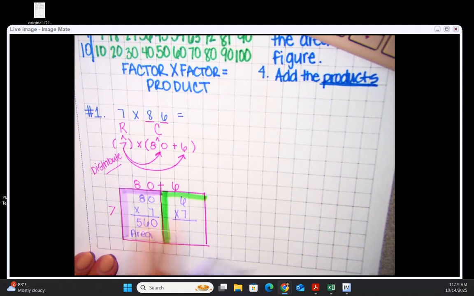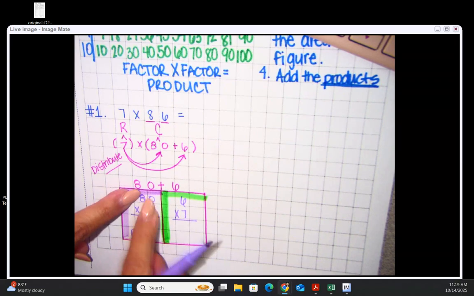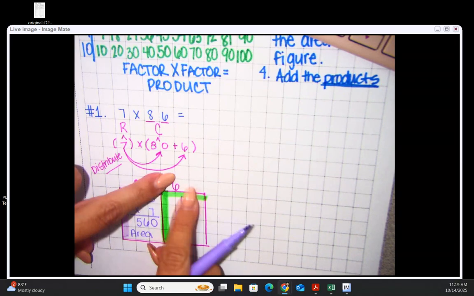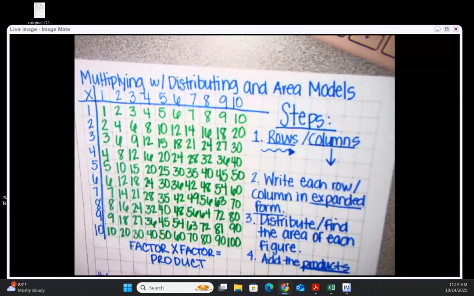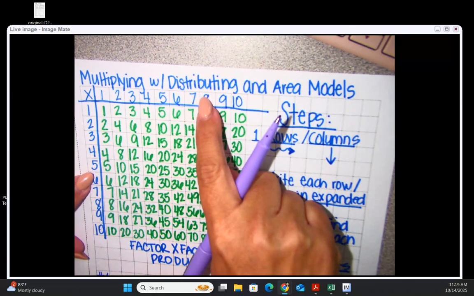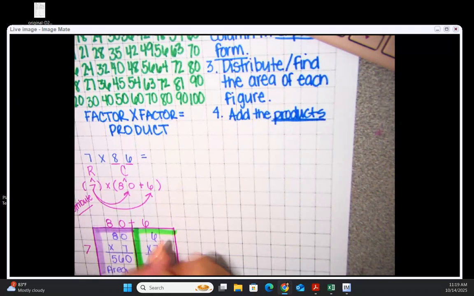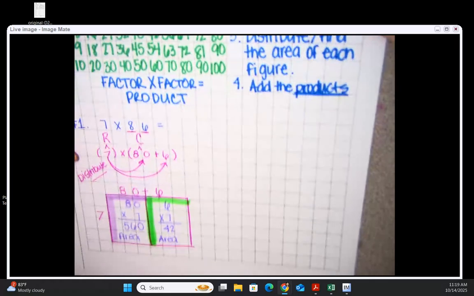You see 7 because that's my rows, and 80 because that's my columns, and 6 because that's my columns. If I don't know how much that is, I come back over here. 6 times 7. First they greet and then they meet. Hi, nice to meet you. 42. So the area of this figure is 42.